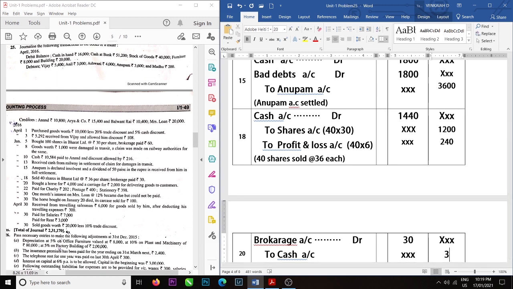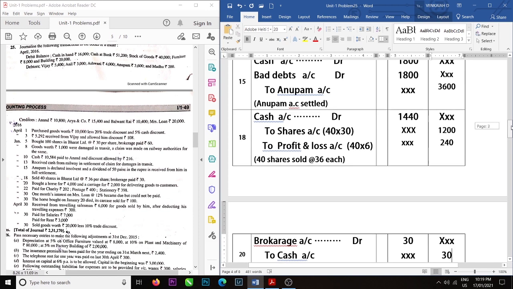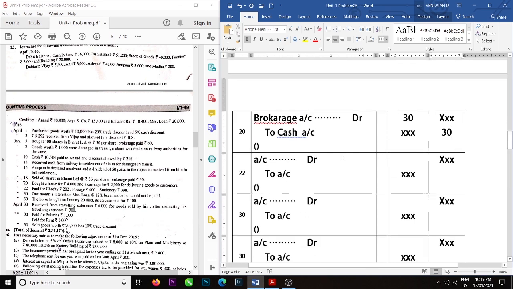They are service providers facilitating clients to participate in the share market. Brokerage paid on sale of shares. Even 60 rupees also we paid for purchase of shares.